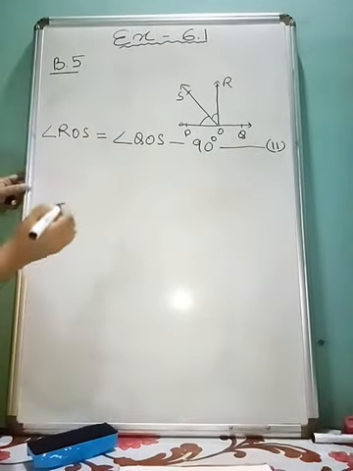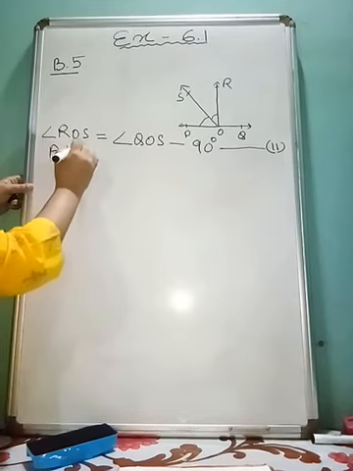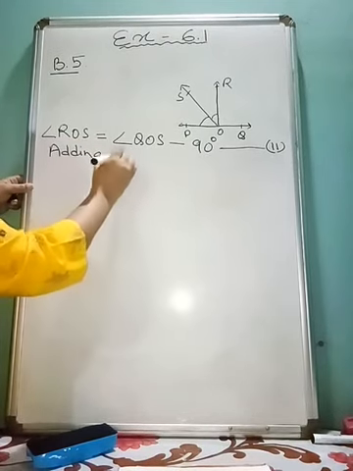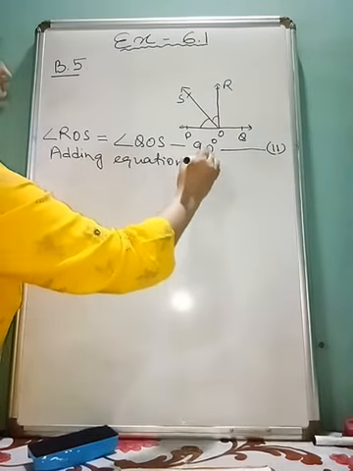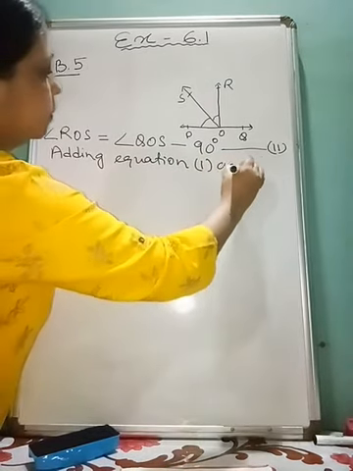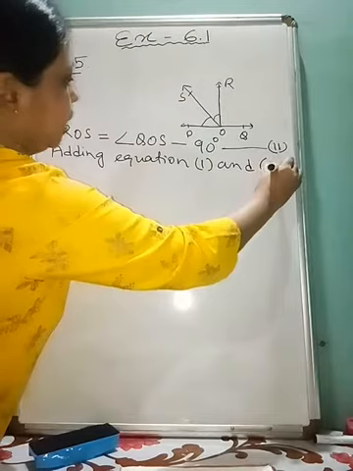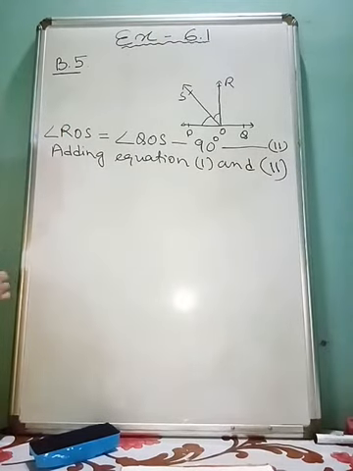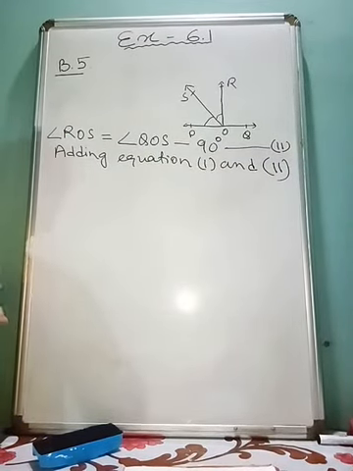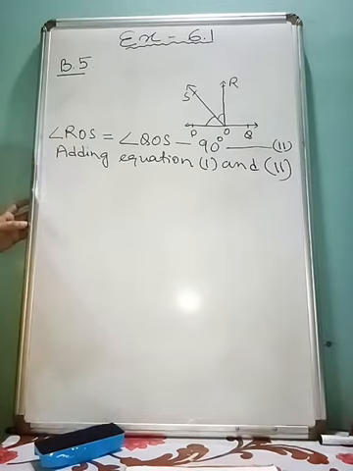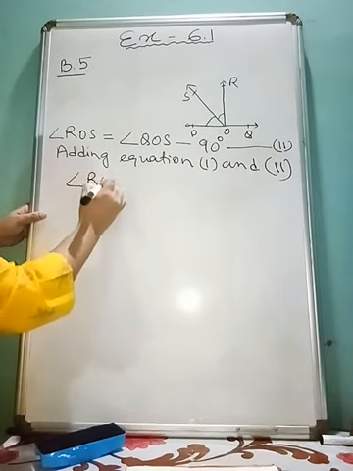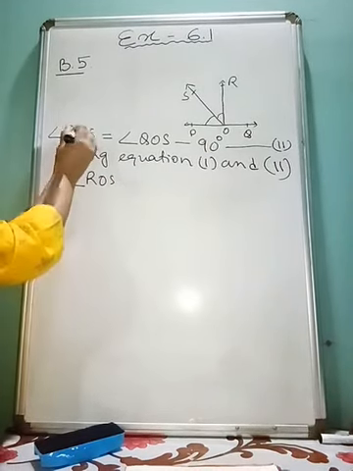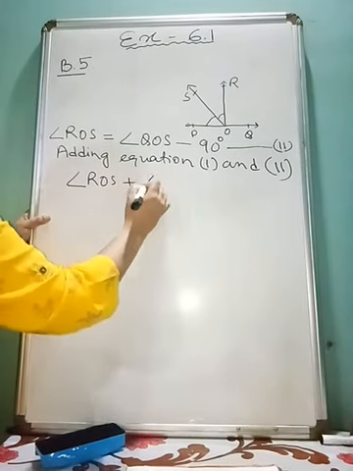Now let us add both the equations. So adding equation 1 and 2. In the first equation we had angle ROS, then with that we will add again angle ROS.